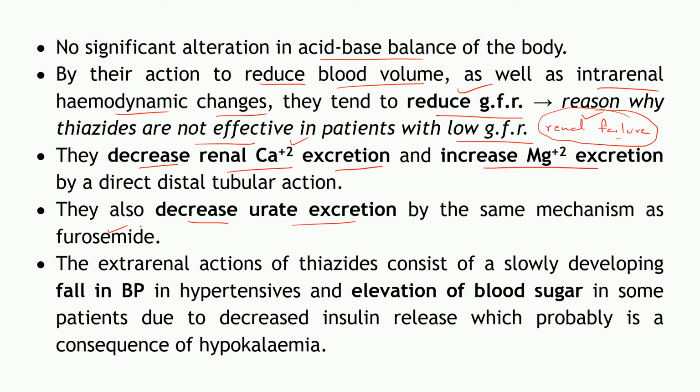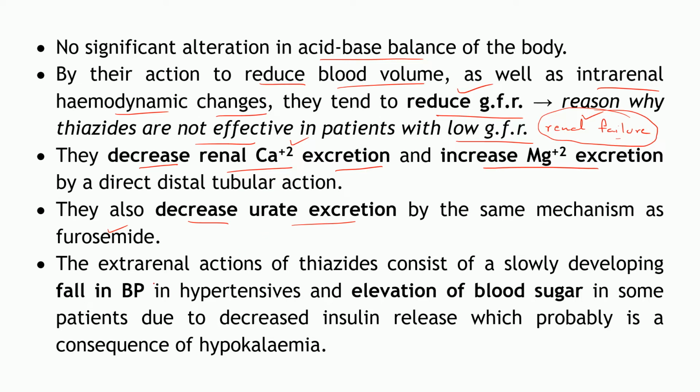Remember, it gets secreted in the proximal tubules. So similarly, thiazides also utilize the same transporters, and that's how urate excretion will get decreased. Okay, even their synthesis may also be increased. So that's the reason why the urate levels in the body may be increased. So a condition called hyperuricemia may get precipitated.